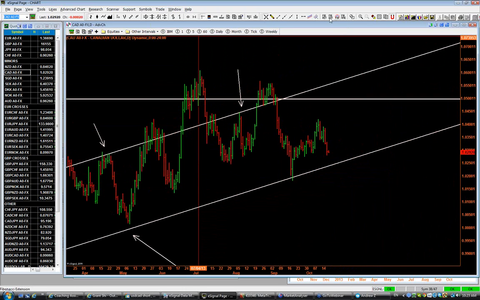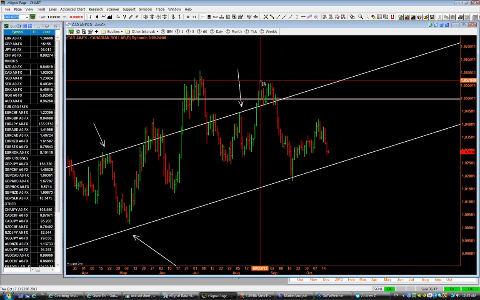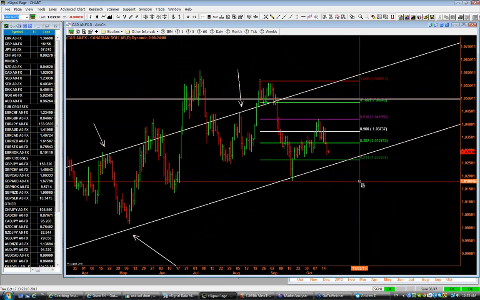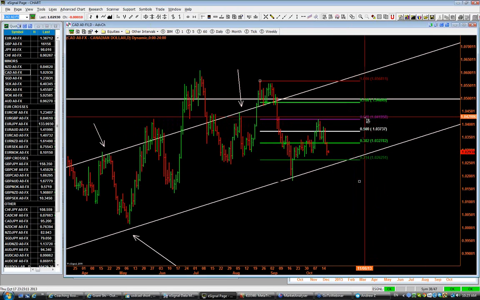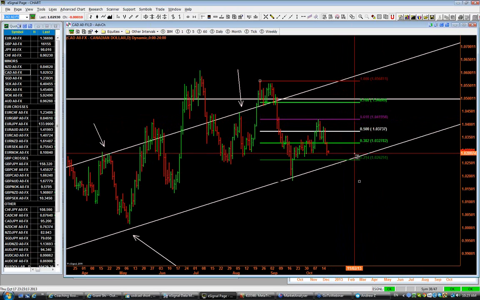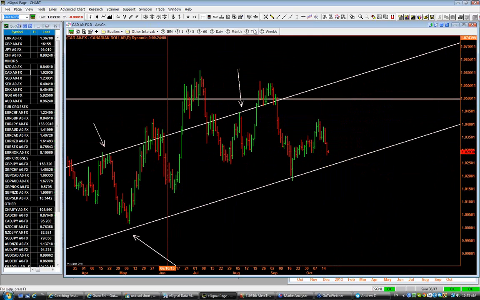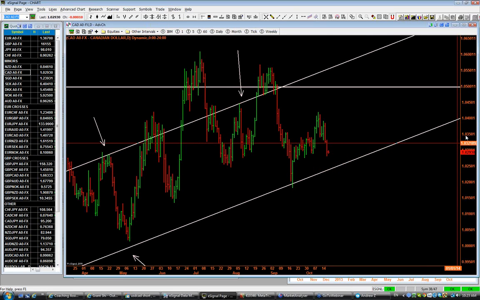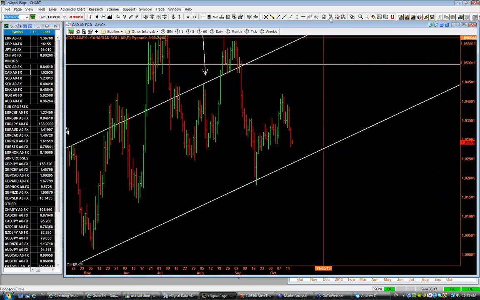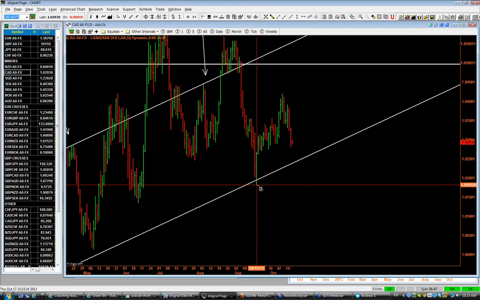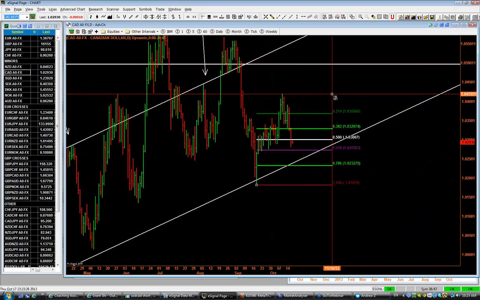But you can see the pullback like this, from the top to the bottom. Okay, that's the 61.8, short term. I don't really like to draw the short term Fibonacci, but we can just do it like this, from this low to this high.